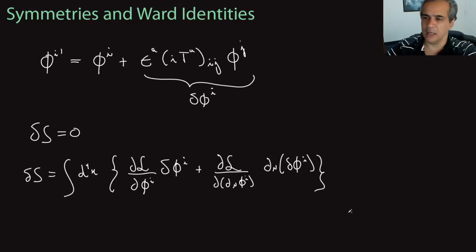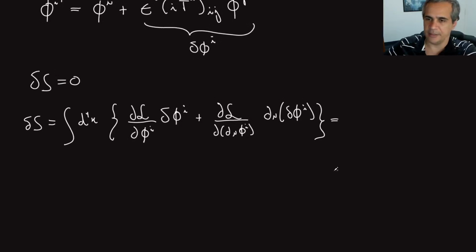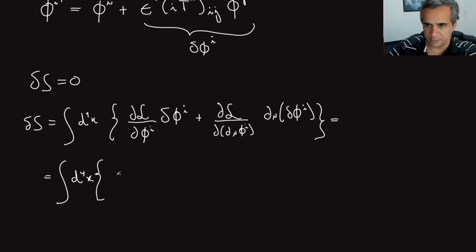And now I can do a trick here to rewrite this expression the following way. I'll just sum and subtract a term. So del L del phi I is just what we have here, right? And I can do an integration by parts, throw this derivative out here.